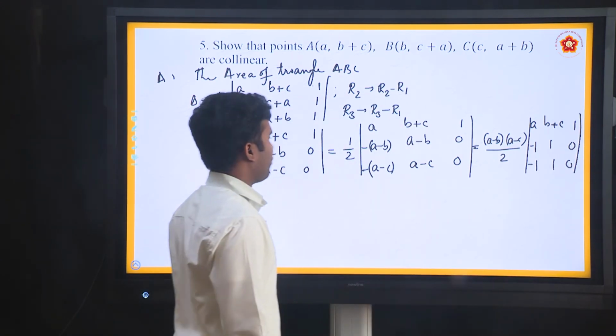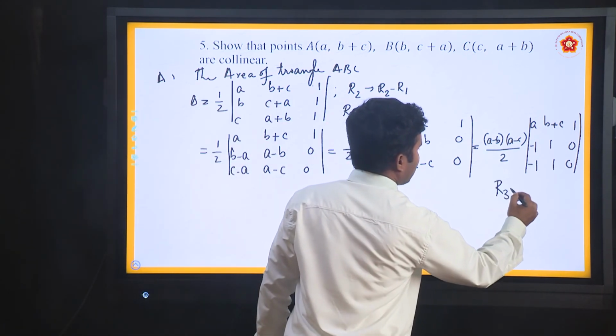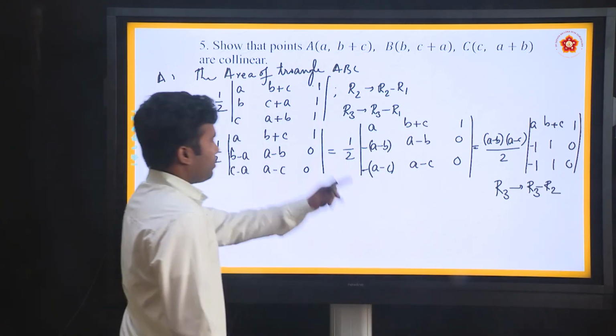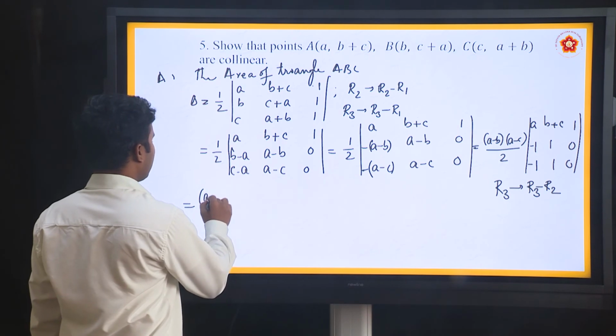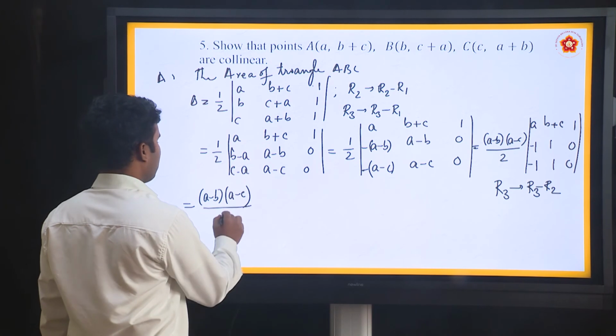Now we are going to apply another operation for this. I will take R3 as R3 minus R2. For the above determinant I am applying that. So what is that? A minus B into A minus C divided by 2.